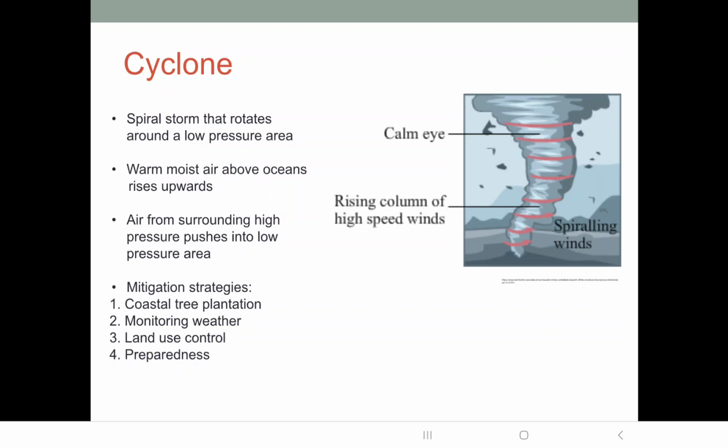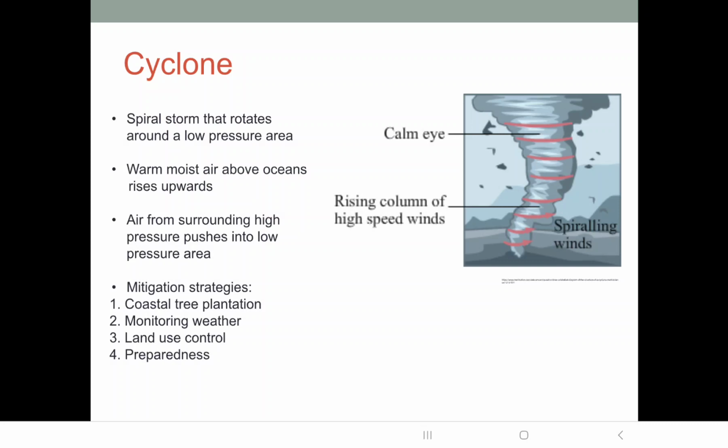So an early warning might be given that in the Bay of Bengal or in the Arabian Sea, a low pressure area is developing. This might get converted into a cyclone. So this news can be given beforehand.